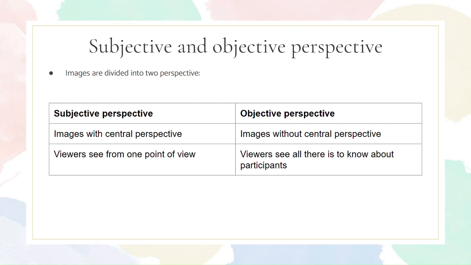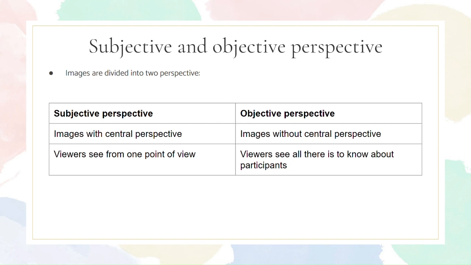An example I can give off the top of my head is an image where there's only one object with no other elements. So it brings your focus towards that one object. The viewers see from one point of view, which means that they only see it from the view of the object shown in that image.